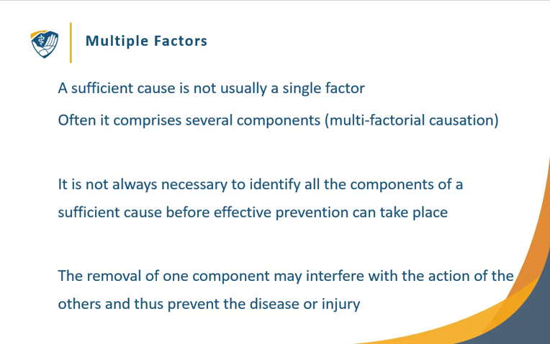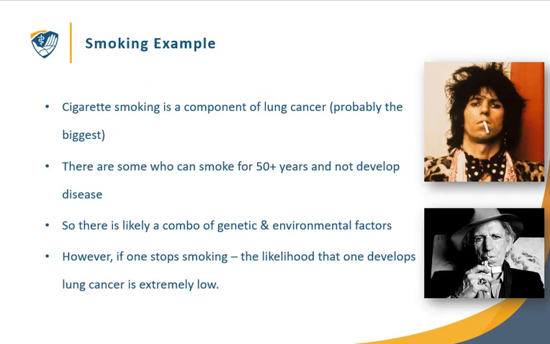It is not always necessary to identify all the components of a sufficient cause before effective prevention can take place. The removal of one component may interfere with the action of others and thus prevent the disease. For example, cigarette smoking is a component of lung cancer, probably the biggest.